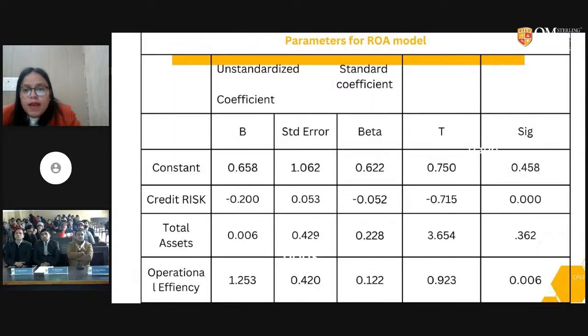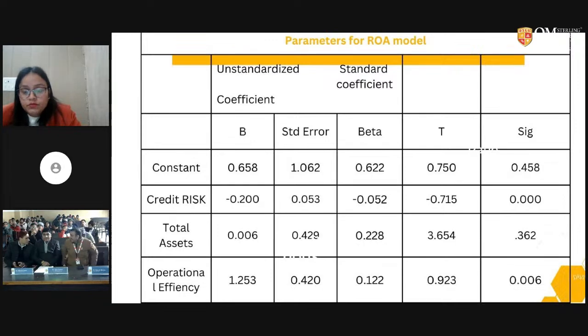Now, talking about the parametric statistics, which is basically the table from which we will find out whether a particular variable is contributing or significantly affecting the dependent variable or not. In this case also, we'll be focusing on the p value. Here is the significance value from which you will identify whether a particular independent variable has an effect on the dependent variable or not.